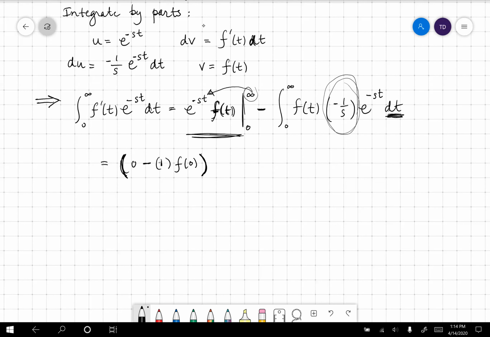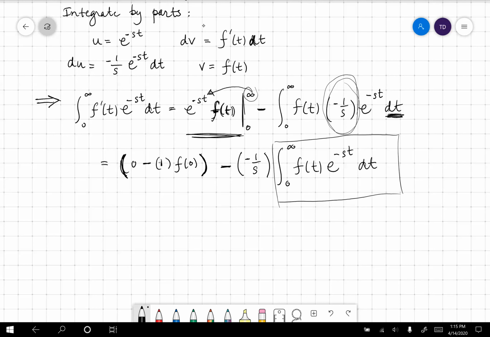Now, bring out the minus 1 over s, those negatives are going to cancel, and then I have the integral from 0 to infinity of f of t e to the minus st dt. We're going to see this a zillion times. What is that integral equal to? F of s.